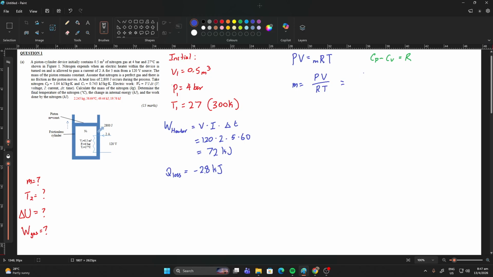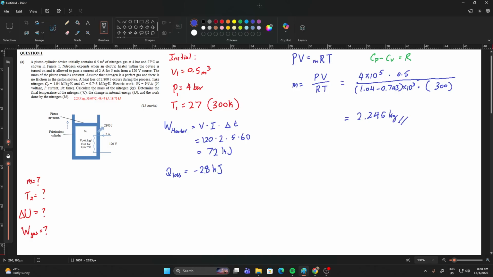So we have 4 bar, so to the power of 5, times 0.5. I'm going to use all this in base unit. Alright, so the R we have is 1.04 minus 0.743, times 10 to the power of 3, okay, times temperature in Kelvin, so 300 Kelvin, and we will get 2.245 kilogram.